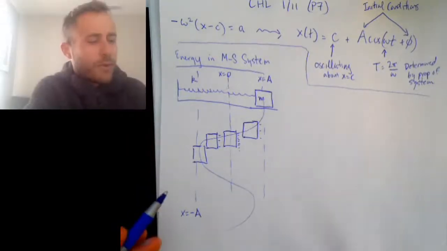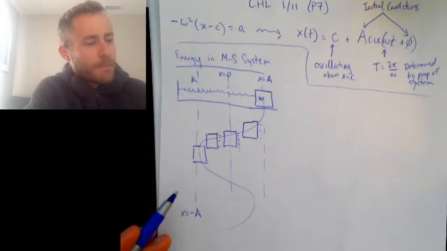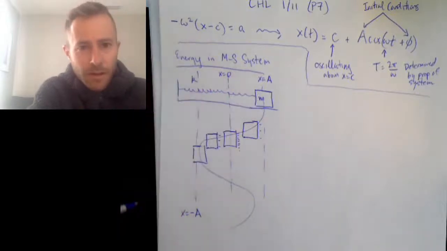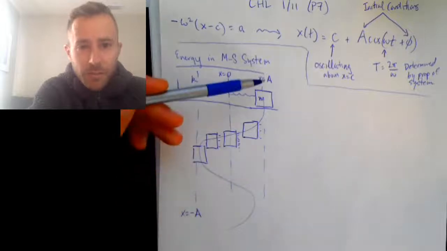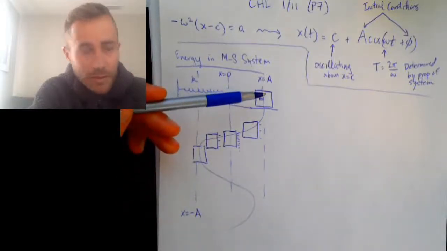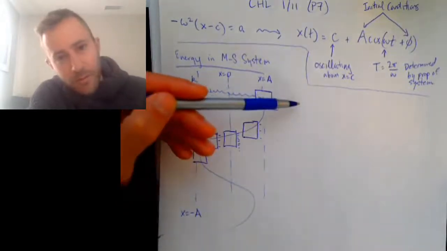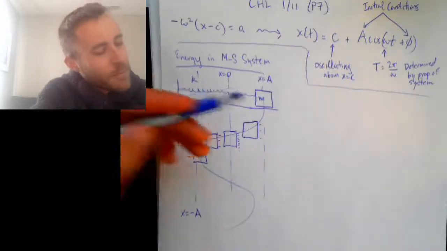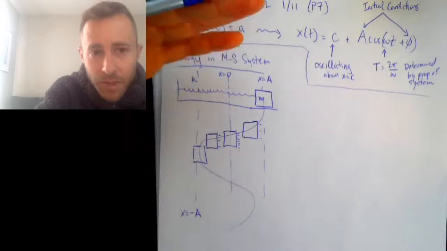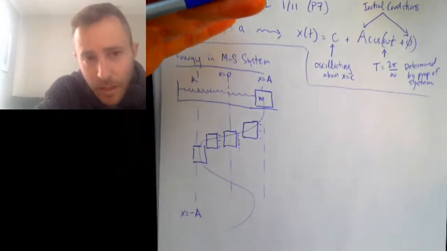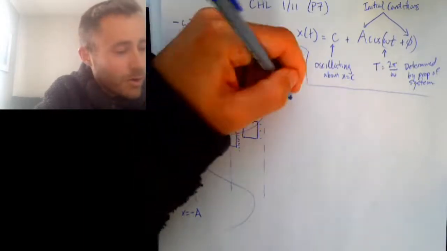If we think about right here, the mass is at its extreme point, so it's not moving. If it was moving, it would be going further to the right. But because it's not moving, the energy is not made up of kinetic energy at all. It's all elastic potential.